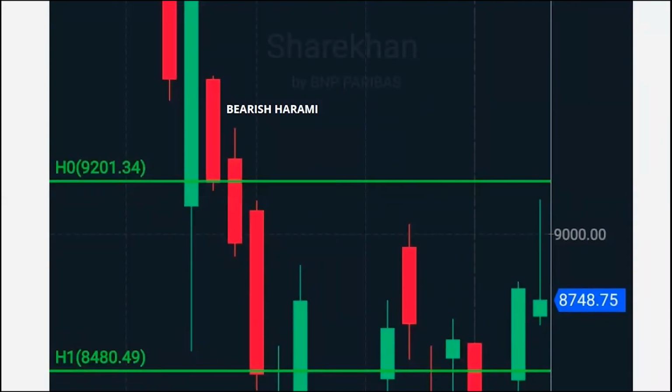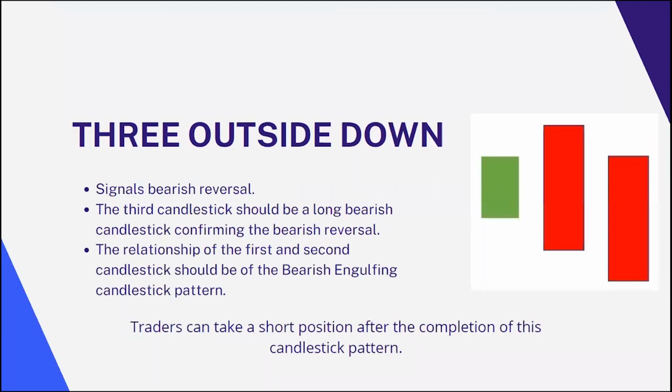There is a gap of about 720 in just 2 days after the bearish harami is formed. Again, I don't mean to say that it will happen like that with all the bearish harami patterns, but it is likely to happen.